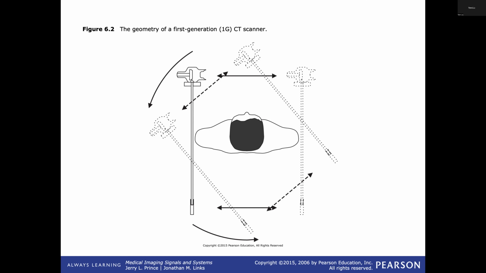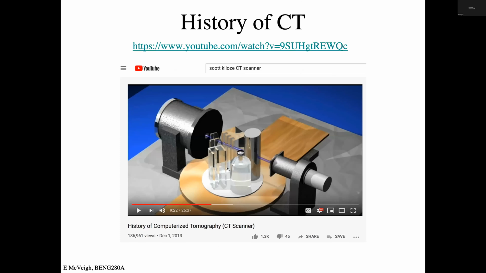And then the reconstruction is mathematically simple. Right? However, this would take a long time, and it did take a long time. This was the original setup of a guy named Godfrey Hounsfield, who made the first CT scanner.